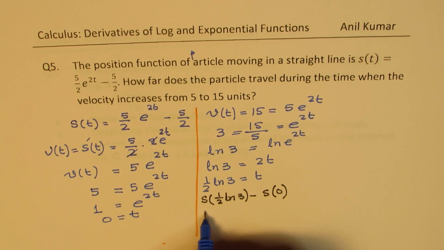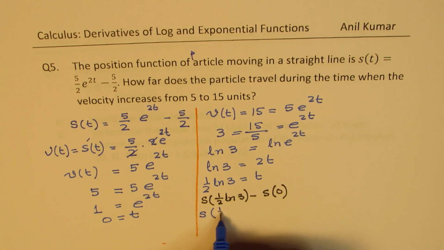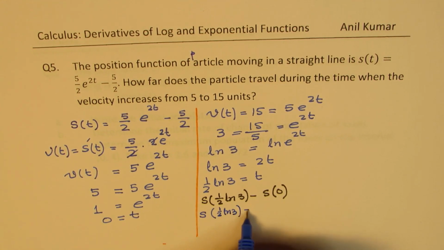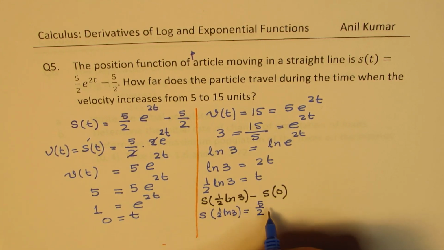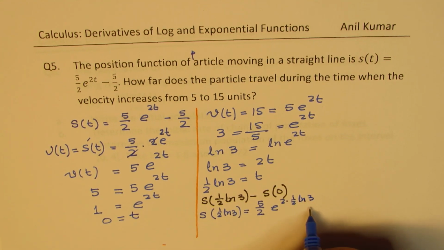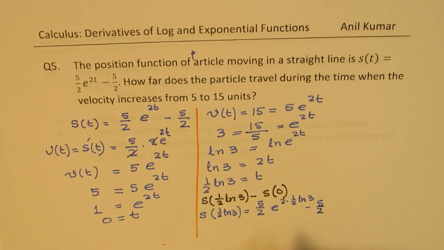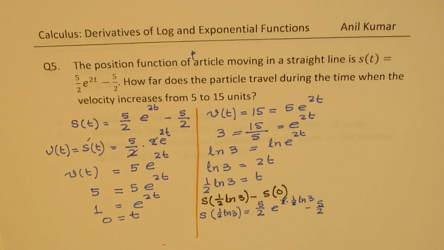The very first one is, let's write down s of half ln 3, substituting in the given equation, which is 5 over 2 e to the power of 2 times half ln 3 minus 5 by 2. That cancels the 2, and we get ln 3. E to the power of ln 3 is 3, right? So what we get here is 15 minus 5 over 2, right?